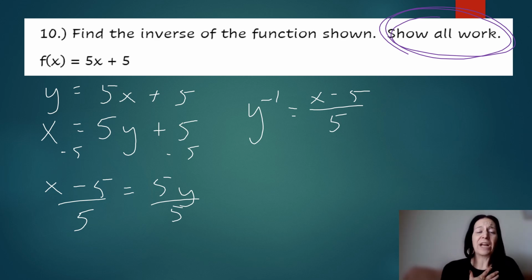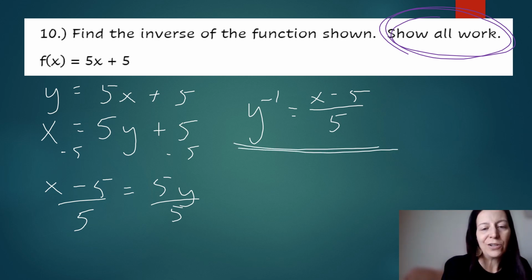Honestly, if I were you, that's where I would stop, given that my teacher has just said that she will give me credit for that. I'm not going to try to go further. However, in this case, you might want to do this. That means it's x divided by 5 and also 5 divided by 5. In other words, we're dividing everything.